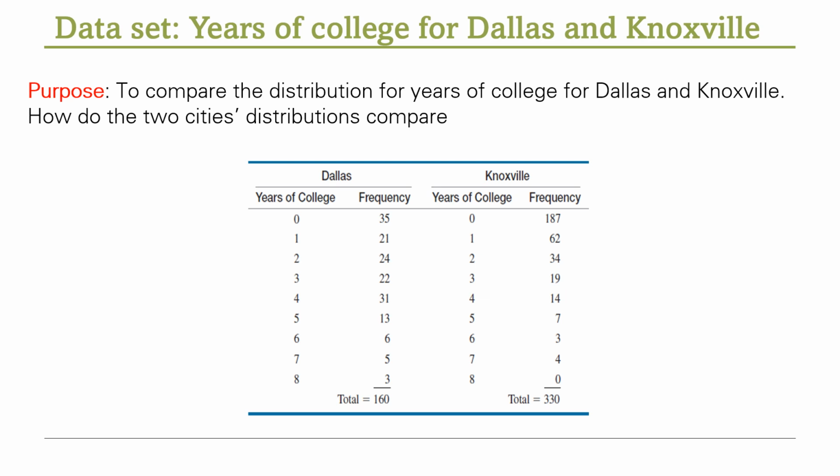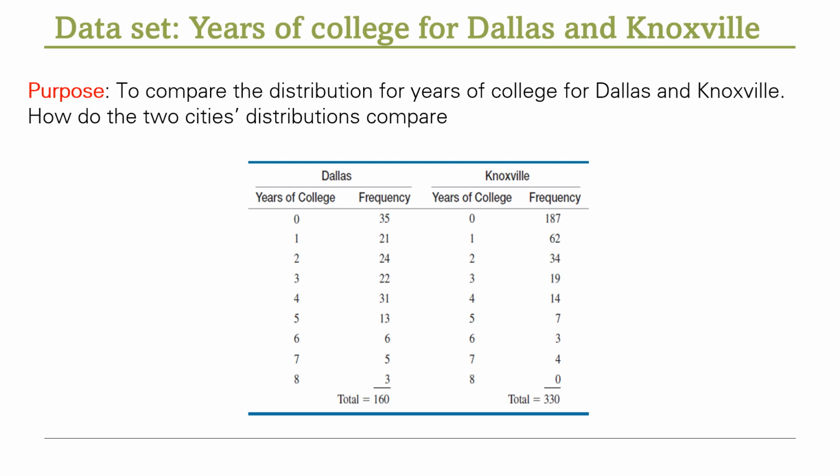Next, let's say I want to make a comparison between two sample groups about years of college for Dallas and Knoxville. Data given for this problem is the frequency table of years of college.